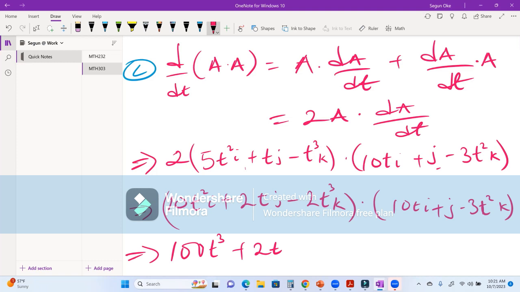Then minus k times this, you have plus 6t raised to the power of 5. Sorry, because you remember you have to add the power, not multiplying. That's the answer.